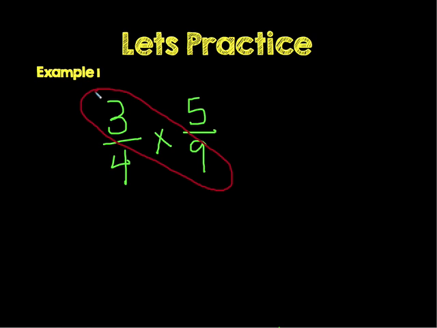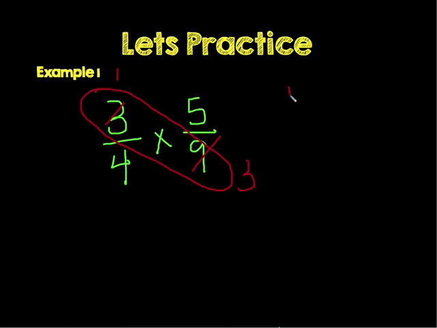Well, 3 and 9 have a common factor of 3. I can divide them both by 3. 3 divided by 3 is 1, and 9 divided by 3 is 3. So those are my new numerator and denominator.